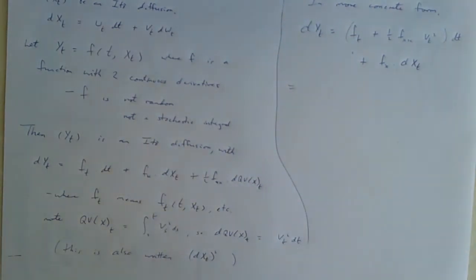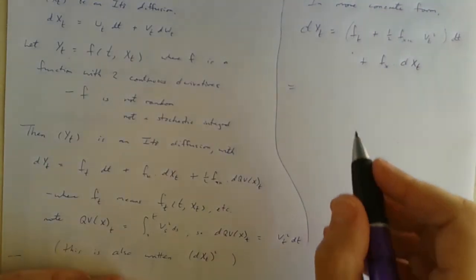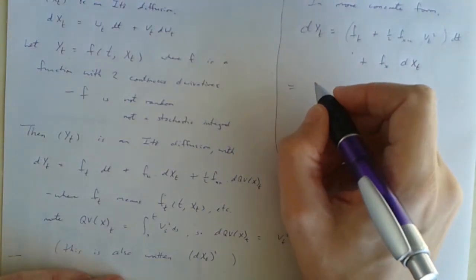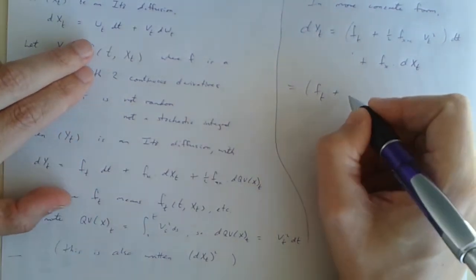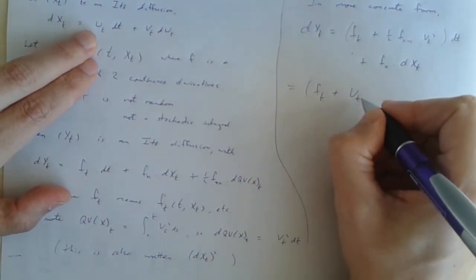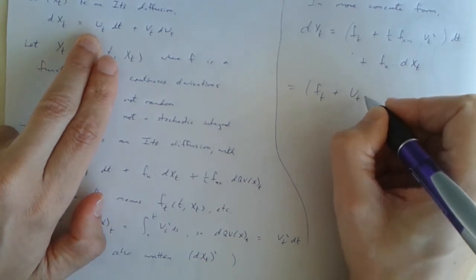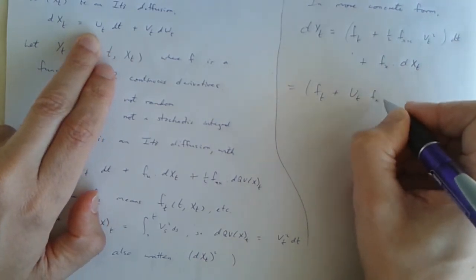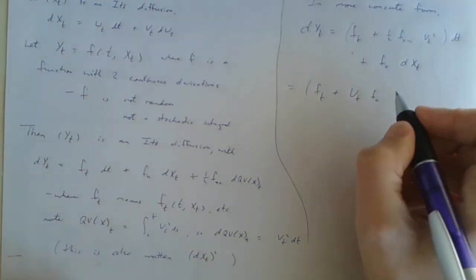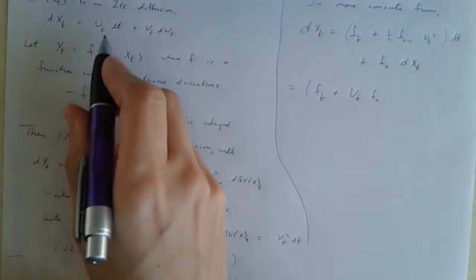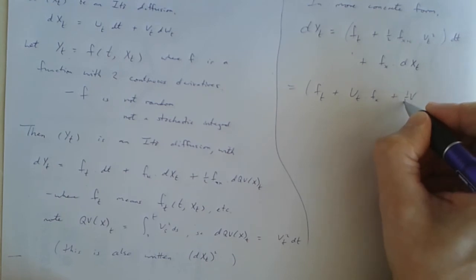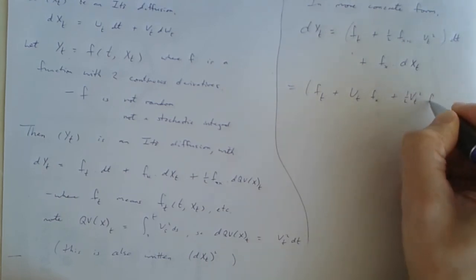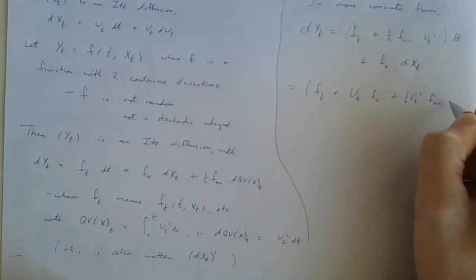So if we want to write everything completely explicitly in terms of the underlying Brownian motion, we've got f_t plus u_t f_x plus half v_t squared f_xx.